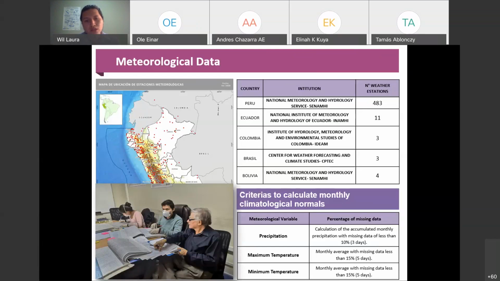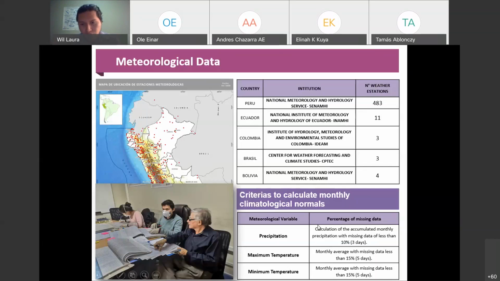Once we have this meteorological information with quality control, we proceed to calculate the monthly climatological normals. For that, we apply a variety of criteria, in part respecting a percentage of missing data. We modify these criteria according to those established by the World Meteorological Organization.